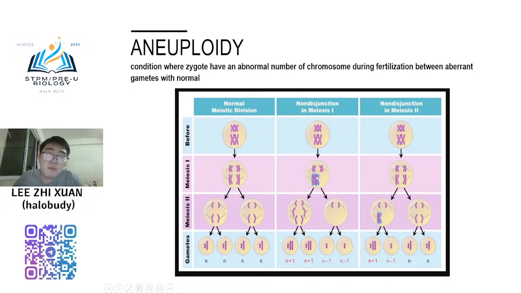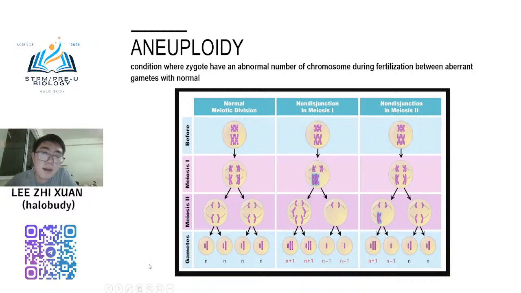This gives a result that would not normally occur, and this kind of result appears in meiosis 2. In meiosis 1, normally you get 2 cells with the chromosomes of this one and this one.